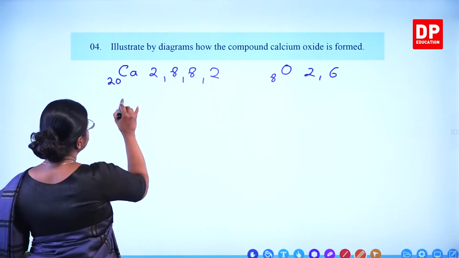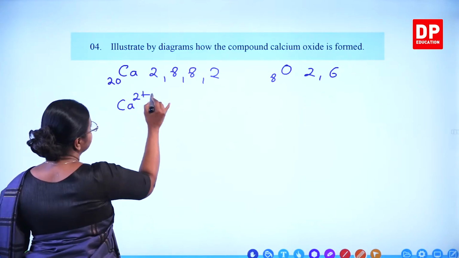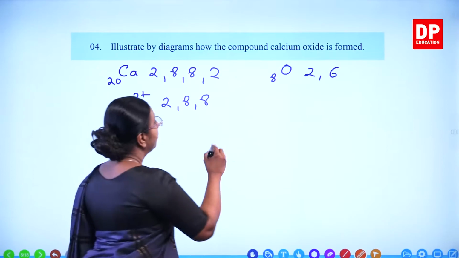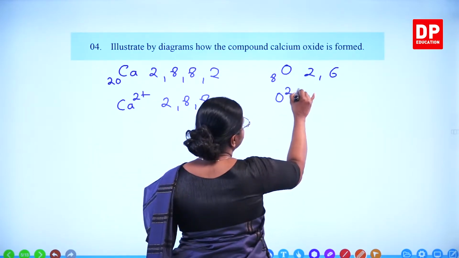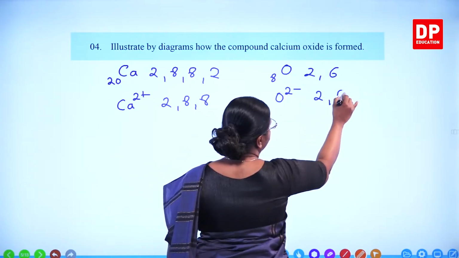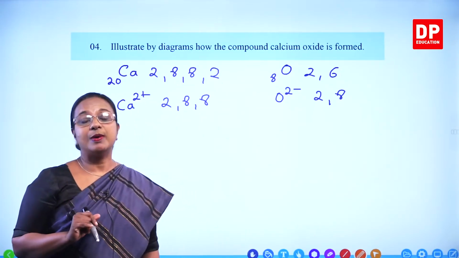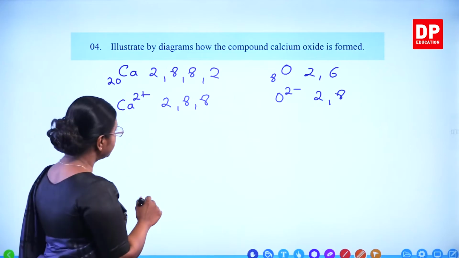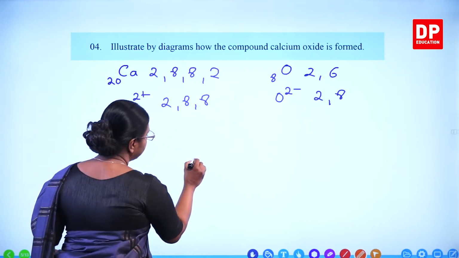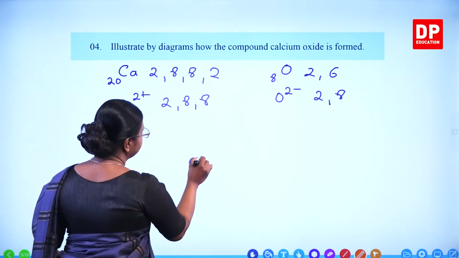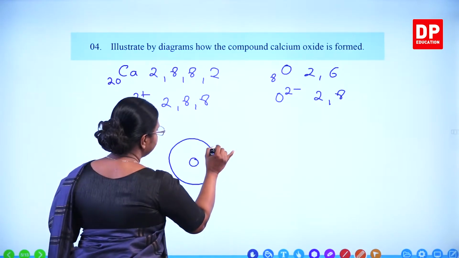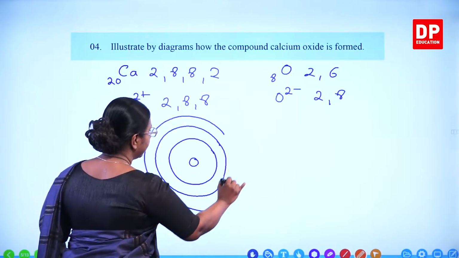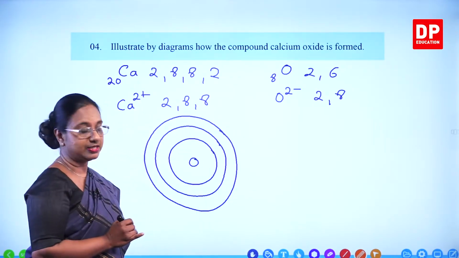So here it is the calcium Ca2 plus ions. They will have 2, 8, 8 electrons, whereas O2 minus ion will have 2, 8 electrons. That is what we have to show as the diagram. So there, if we draw the nucleus of calcium, first energy level, second energy level, and we need to have the third energy level.